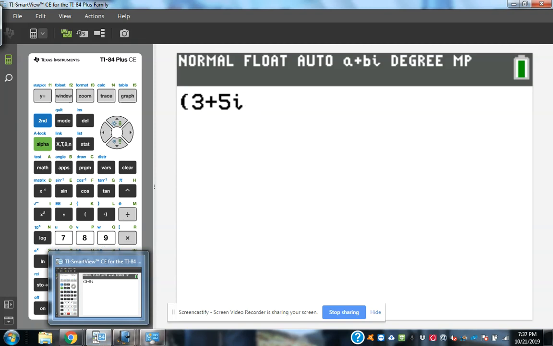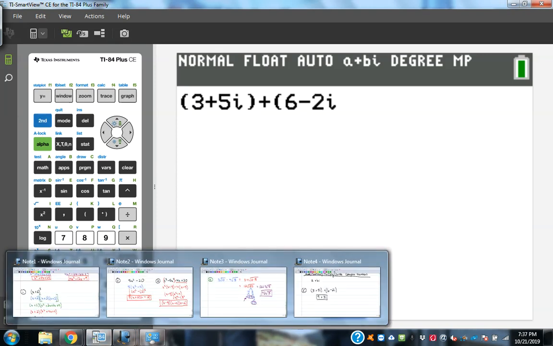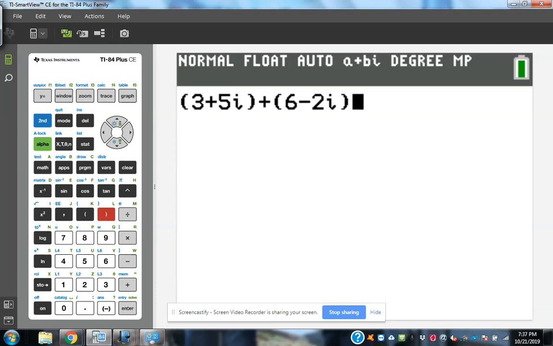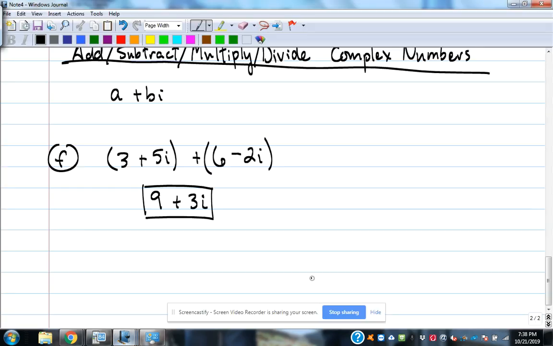And then I'm going to close my parentheses, plus parentheses 6 minus 2, second decimal point to get the i. Close the parentheses, just hit enter. Bada bing. Same answer. Again, I usually don't do addition and subtraction because it's too easy to do just regular. But it will manipulate that complex number for you.